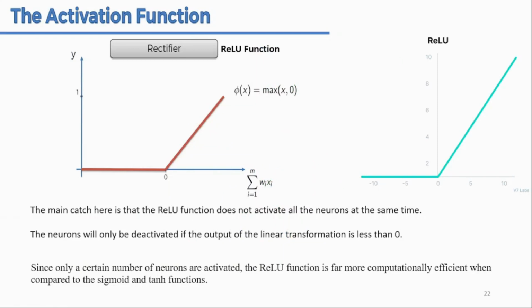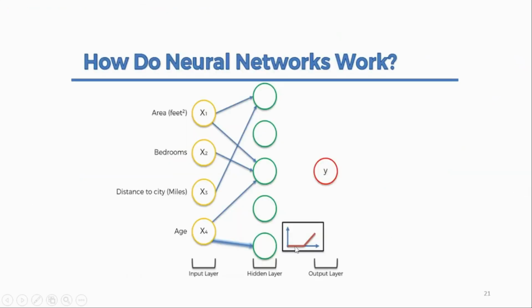The main catch with the ReLU function is that it does not activate all the neurons at the same time. The neurons will only be deactivated if the output of the linear transformation is less than 0. So the neuron is deactivated if the output is equal to 0, and the neuron will be fired, or activated, if the value becomes more than 0.